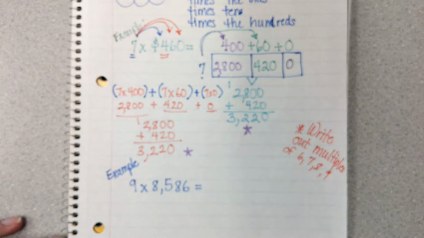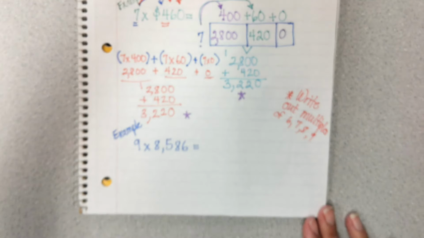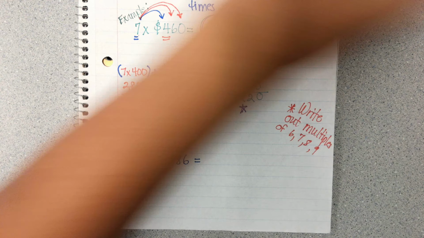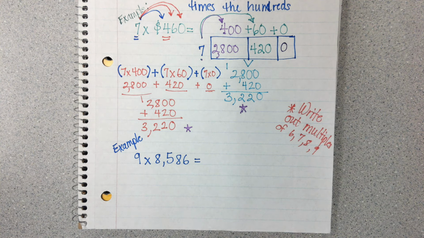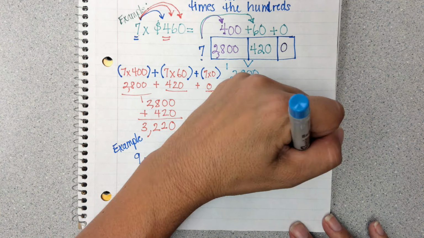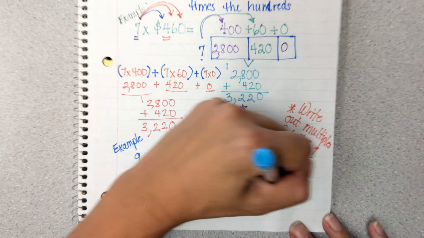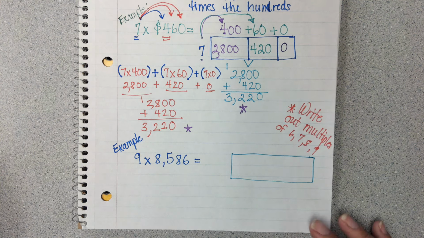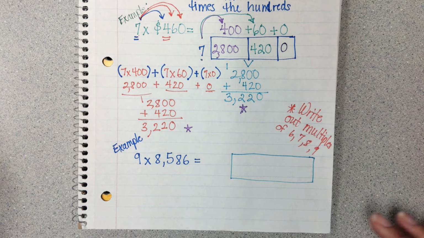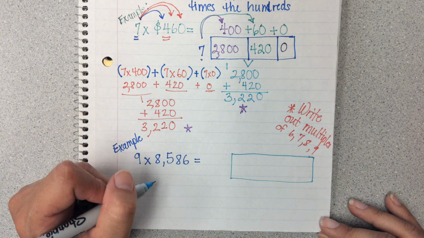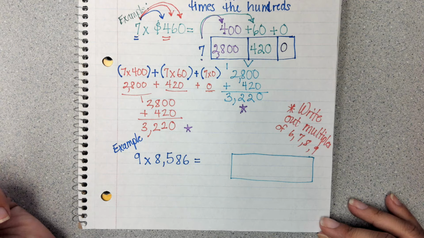Okay, so let's solve this last problem here. And again, I'm going to start with an area model. Whoa, I have to decompose 8,586.